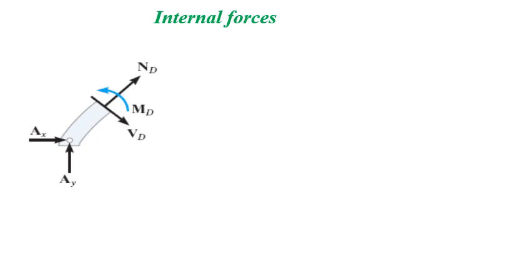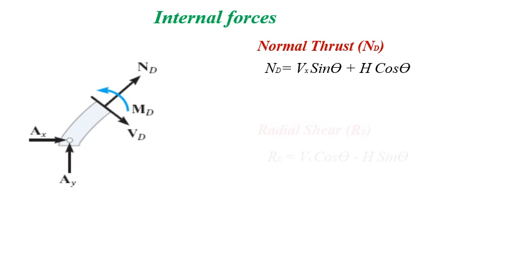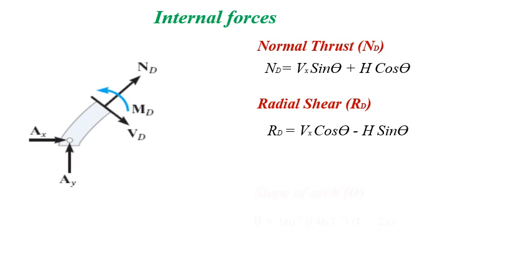The internal forces we have seen last time. What are the formulas? Normal thrust is found by the equation ND is equal to Vx sin theta plus H cos theta. Radial shear is given by Vx cos theta minus H sin theta, where Vx is the shear force at the section, that is the summation of all the vertical forces at the given section.